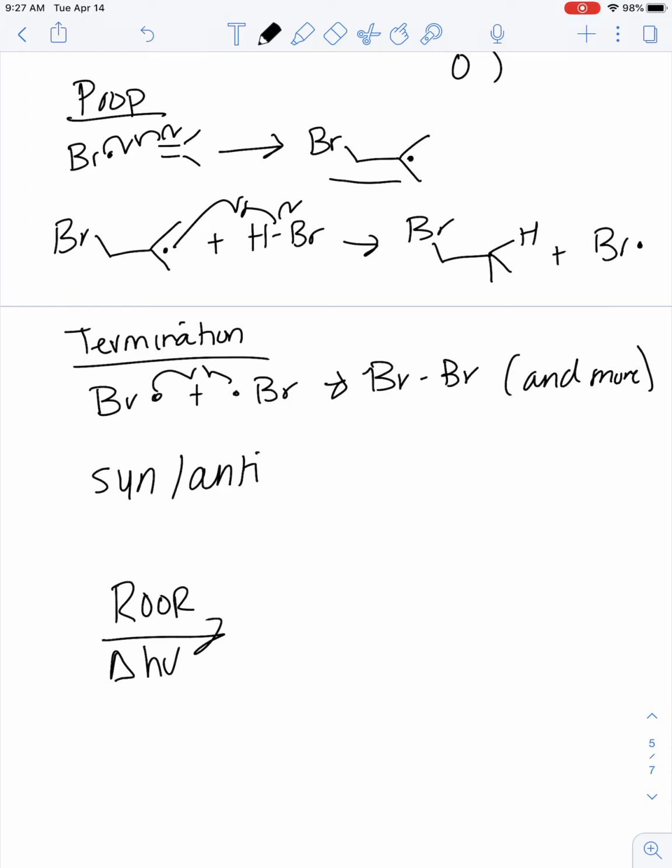For anti-Markovnikov, we really are adding the bromine to the least substituted carbon because we have to make sure that we're forming a stable radical. In order to form a stable radical, that radical has to be on a tertiary carbon atom, ideally, or a secondary, so something that's more substituted.